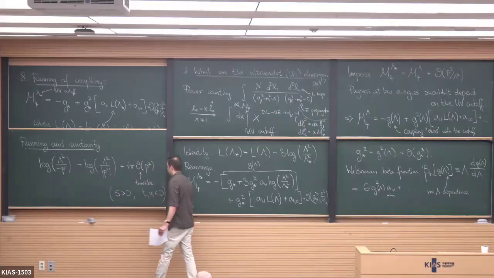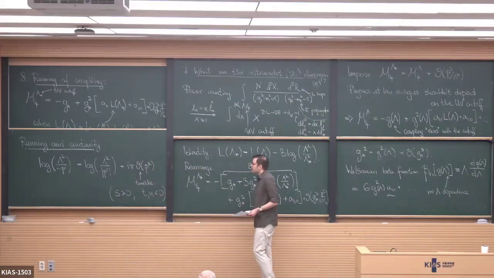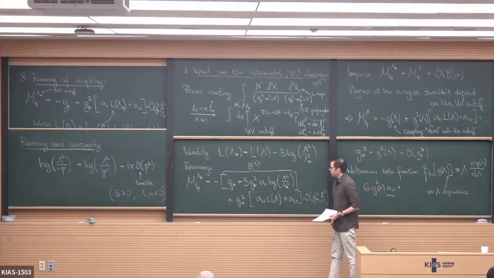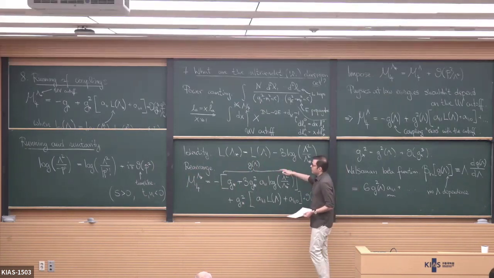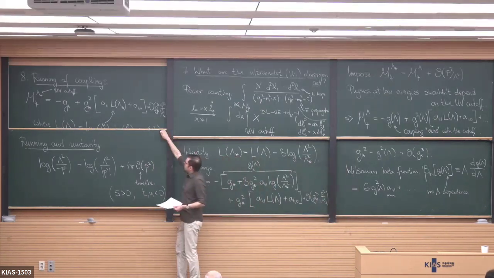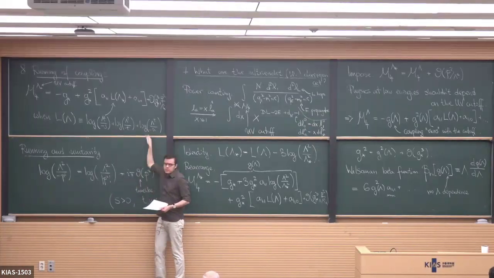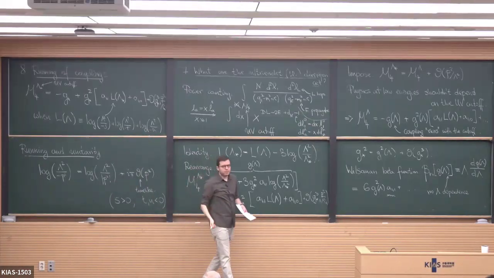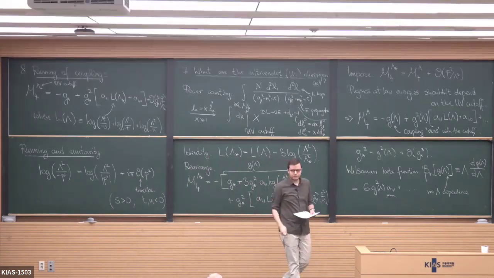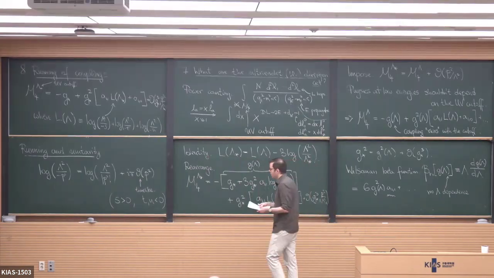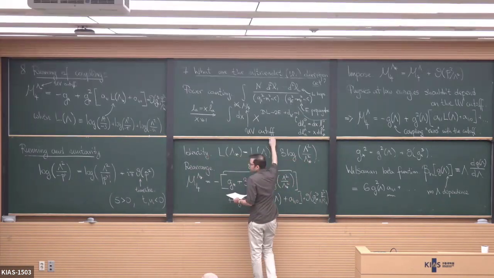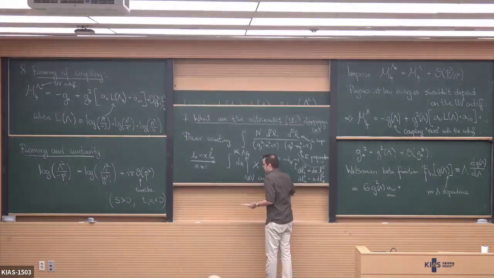Let me call them T and U. Okay, so you see that within this function L, which is still visible in here, out of the three logarithms, only one of them picks up the imaginary part.